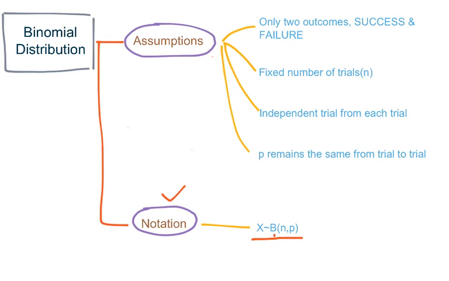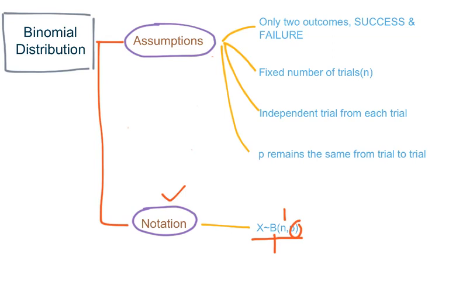B represents binomially distributed, and n here is our number of trials, and p here is our probability of success. So if we get this notation, we know this is a binomial distribution with n number of trials, and p is the probability of the success event.